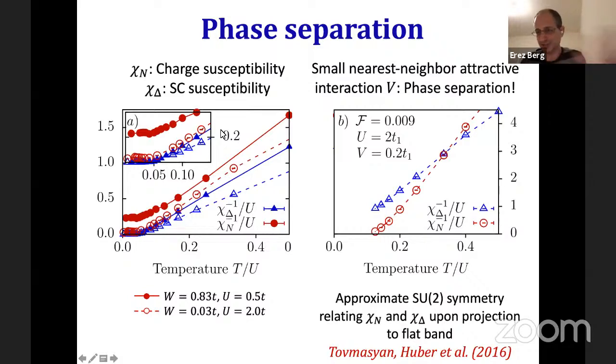Of course, this is because we don't have long-range Coulomb interactions. If we had long-range Coulomb interactions, any possible instability would be at finite Q instead of Q equals 0. But here we just have an on-site interaction. Usually at order t squared over U, something like an effective repulsion appears, which works in principle in favor of that.